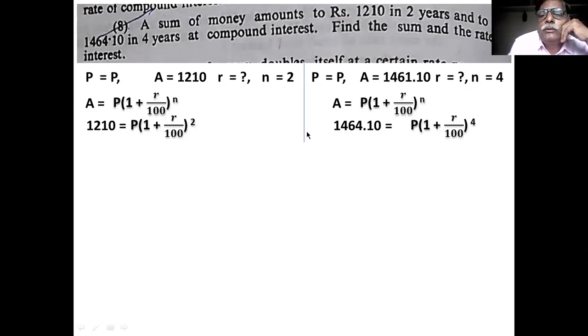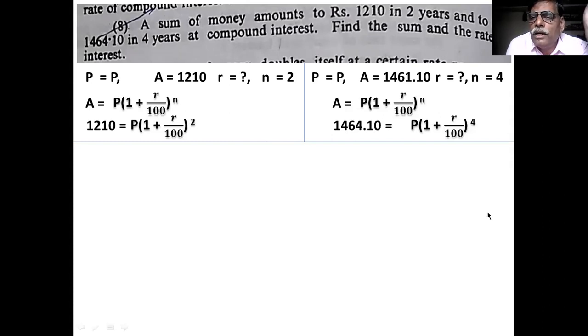The first amount is small, the second amount is big. The first amount is smaller than the second amount. Here are the two amounts. One is the amount for 2 years, the second is the amount for 4 years. Then I would like to divide the second amount, the big amount, by the small amount.